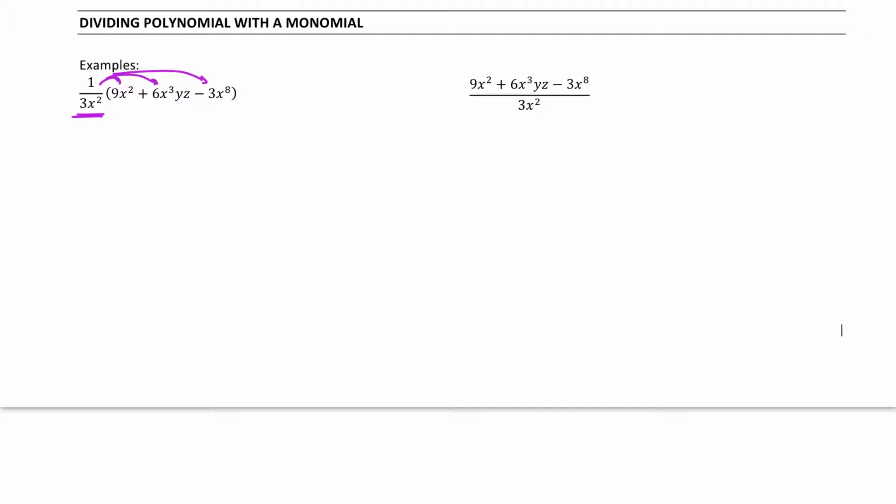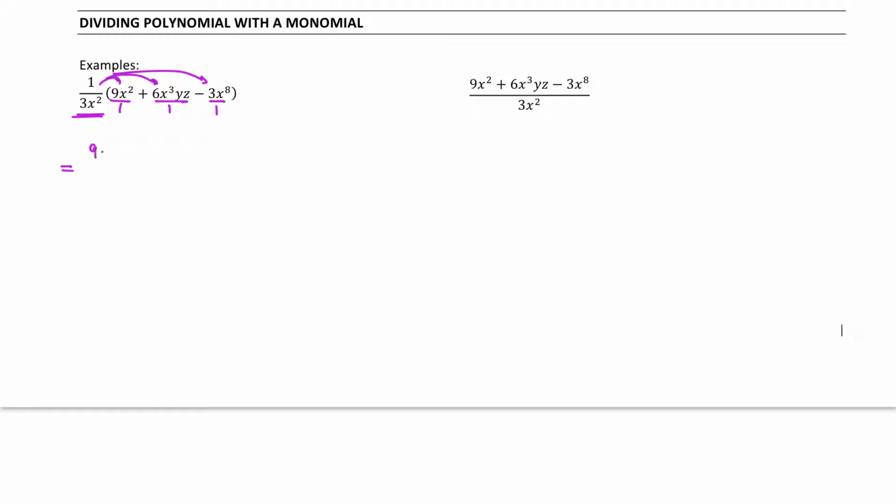So once I do that, I'm just going to write everything down. I get 9x squared, which is on my numerator because I can treat this as 9x squared over 1, this as over 1, and this as over 1. And I will get 9x squared times 1, which is my numerator, and my denominator will be 3x squared times 1.